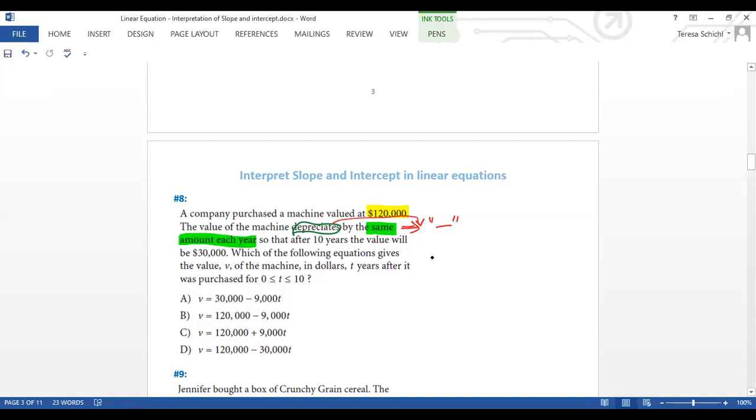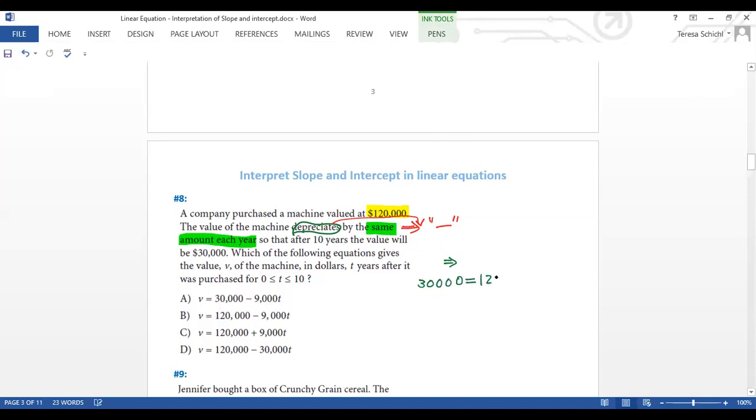So I will say the value will be equal to, we know that by the 10 years, the value is 30,000, right? First I need to find what my m is here. So the 30,000 is the value after the 10 years.